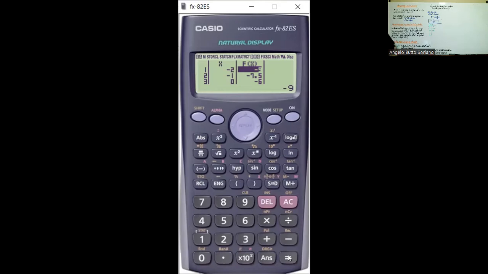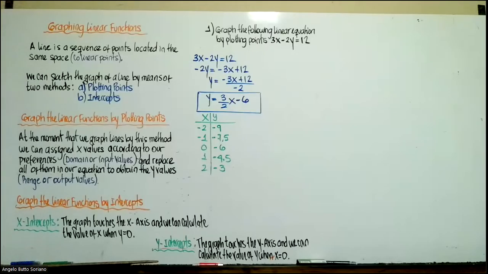Now continue, move the pad downward. If you see when x has a value of 1, that will be -4.5. And finally, when x equals 2, the value will be -3. And if you wish, you can continue adding values and obtain the full graph of the line, okay?